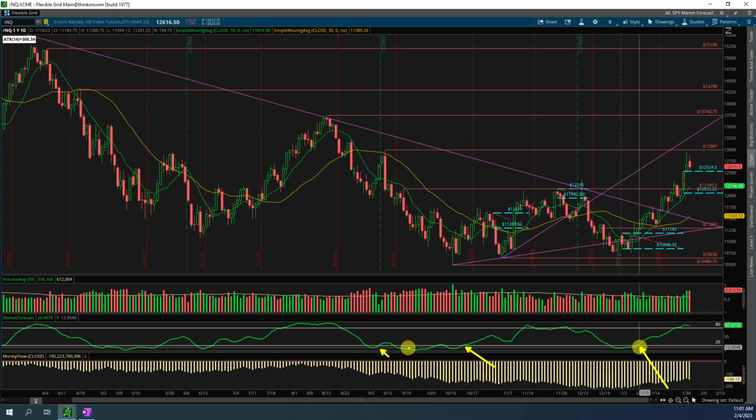Sometimes it fails and comes back down, but sometimes it's a good indication that the future can come good for this one. So you do have this move started right here with that crossing, and it's really moving up to the upside very nicely. So momentum is still bullish in the short term on NQ.